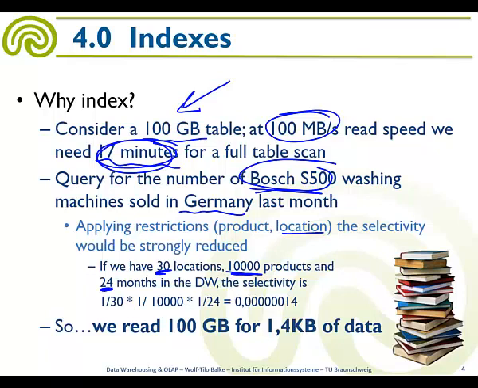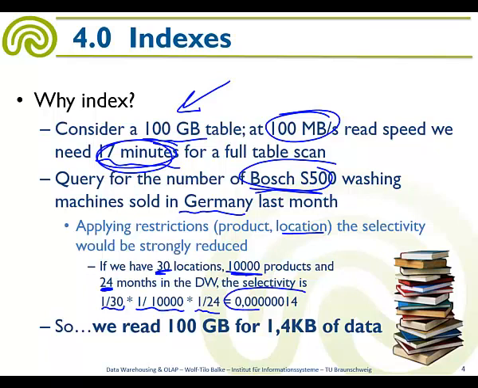So the selectivity of the query you just posed, the number of Bosch S500s that were sold specifically in Germany last month, is basically 1 of the 30 locations, 1 from the 10,000 products that you sell, and only 1 month, last month, from the last 2 years that you've been saving.